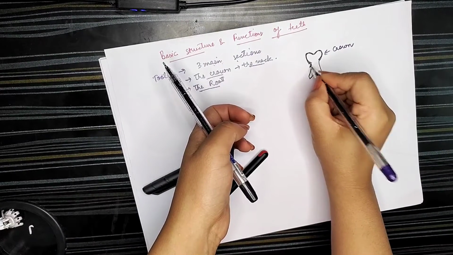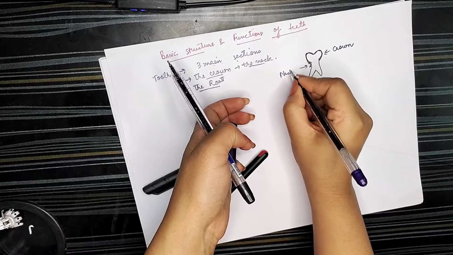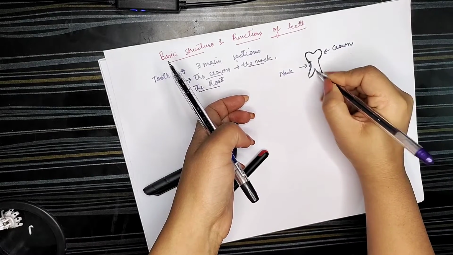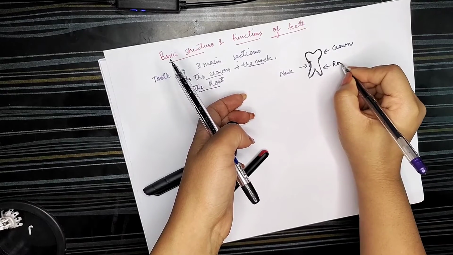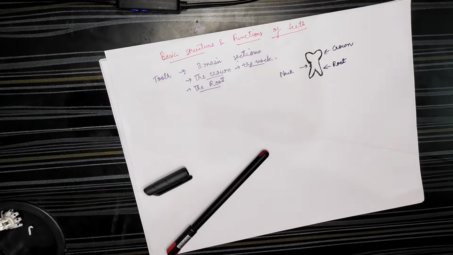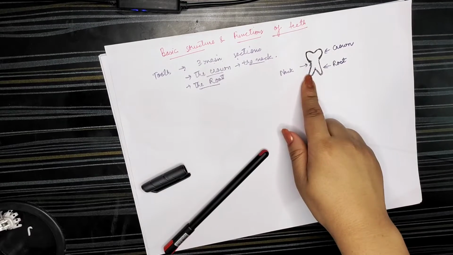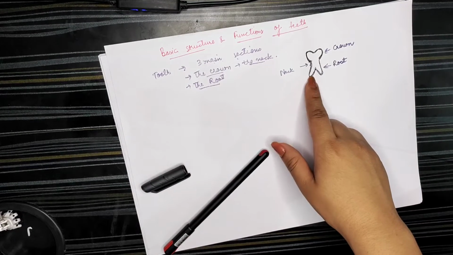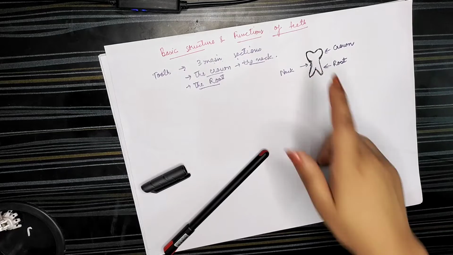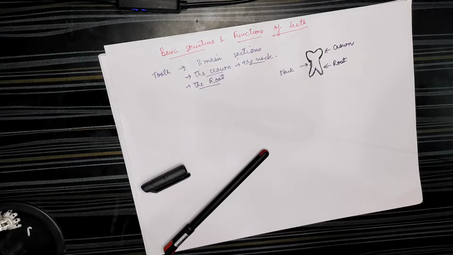This portion is the neck of the tooth, and this portion is the root portion of the tooth. And this root of the tooth fits into the alveolar process of either the maxilla, which is the upper jaw, and the mandible, which is the lower jaw.